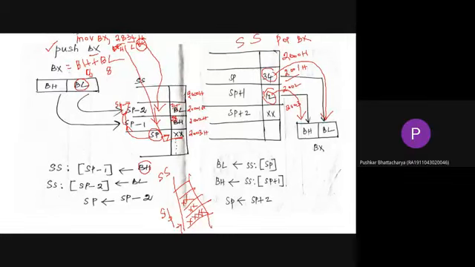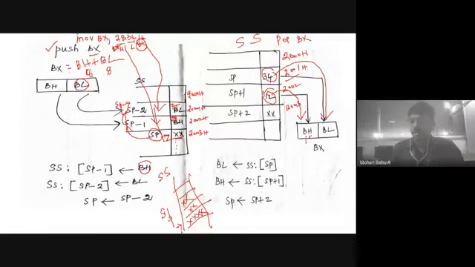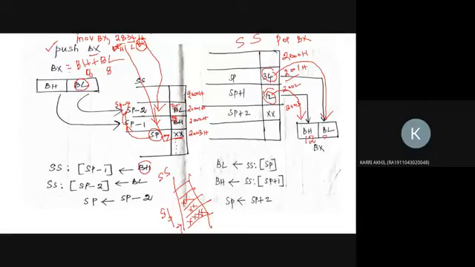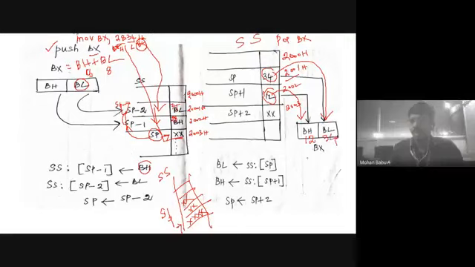It will store 12, sir. BL is a register which stores the lower address data. So what is the data stored in the lower address? 34. So BX contains what data? 1, 2, 3, 4 as the value.